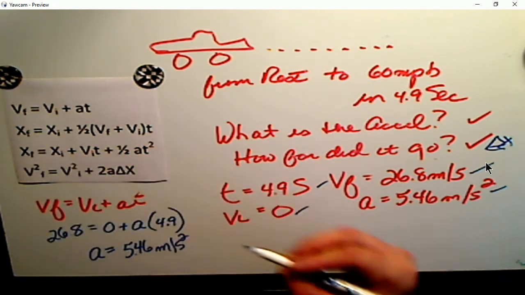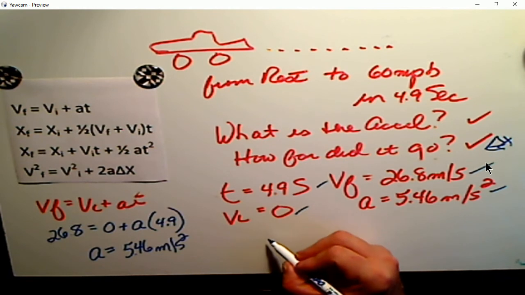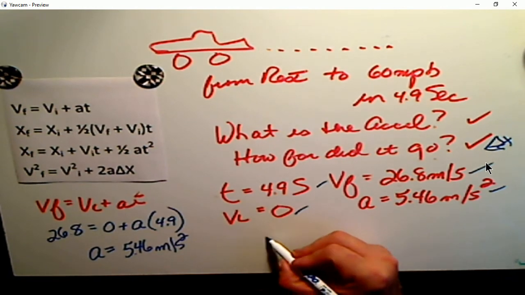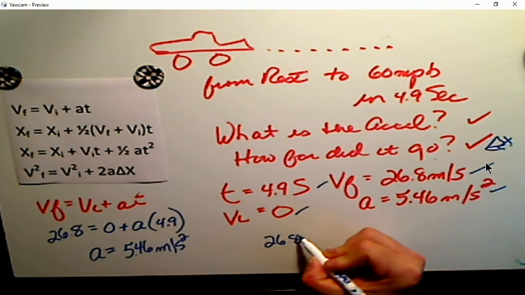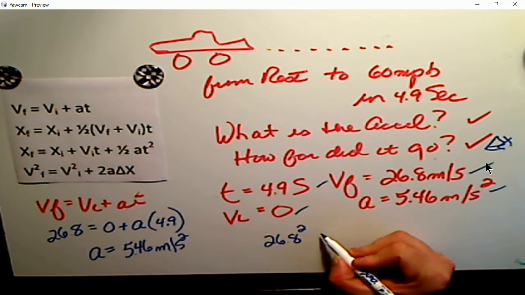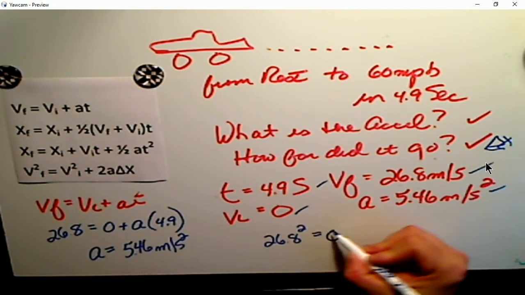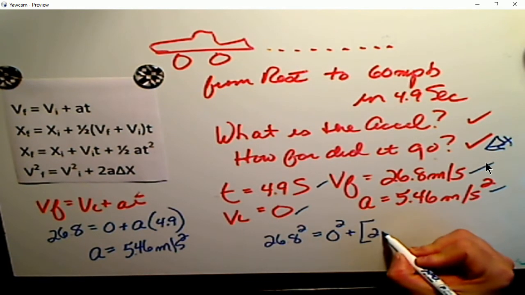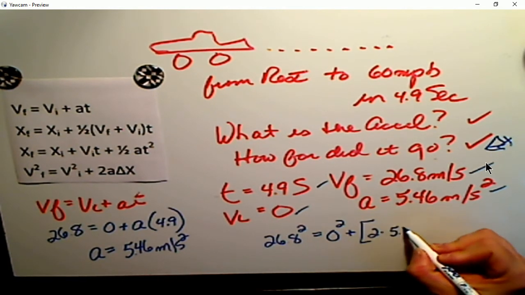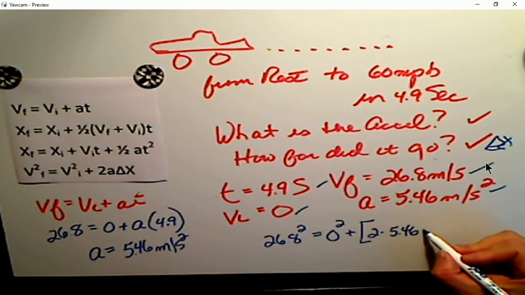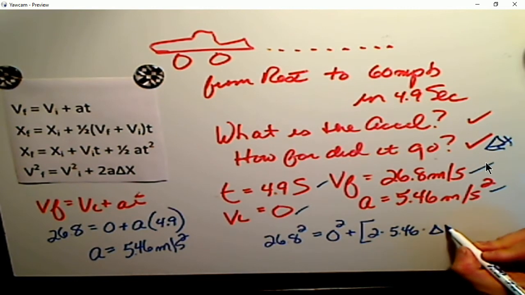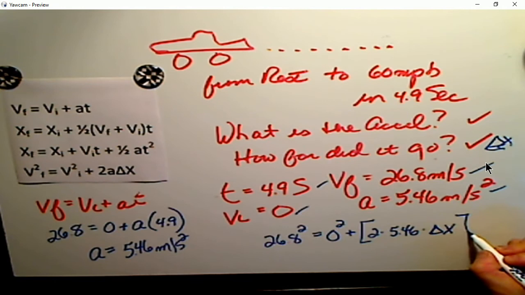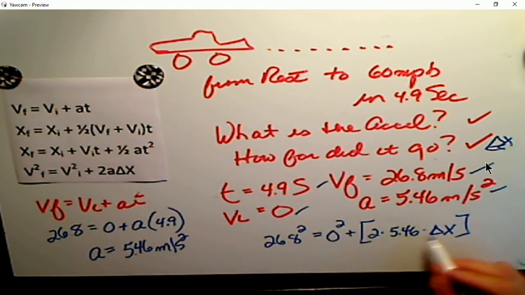Final velocity 26.8 squared is equal to initial velocity 0 squared plus 2 times 5.46 times change in x. Again, very simple algebra.